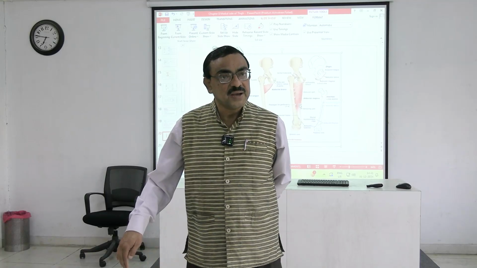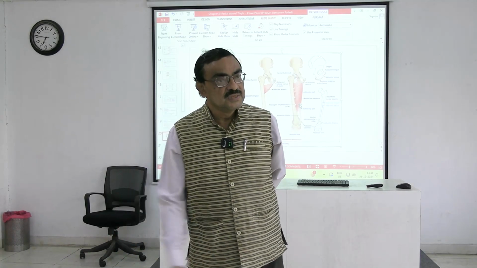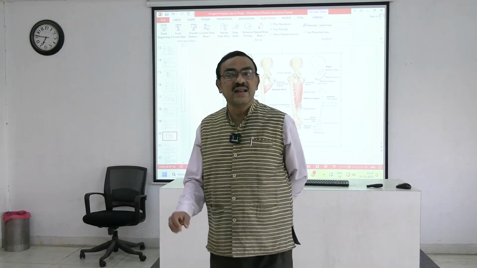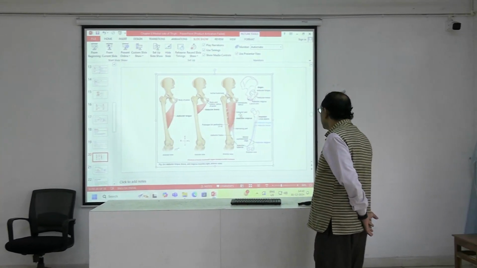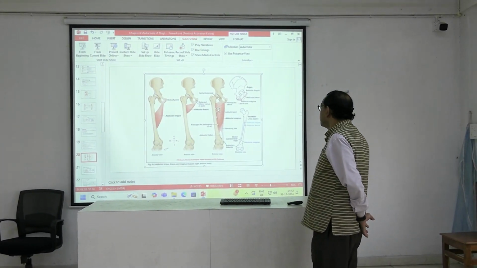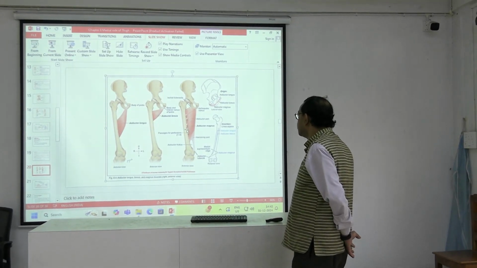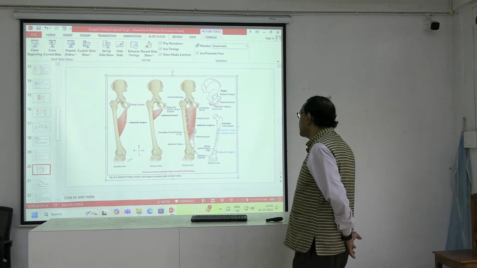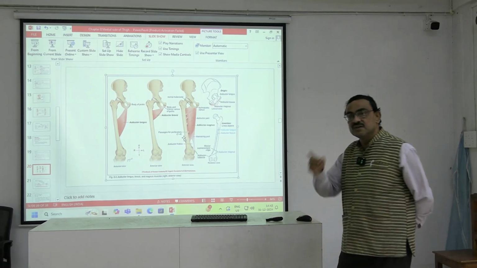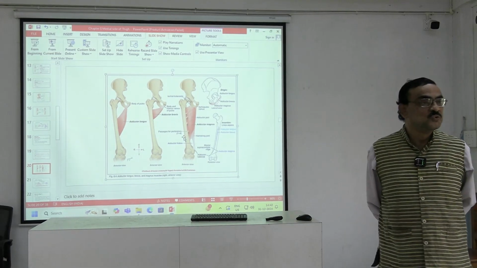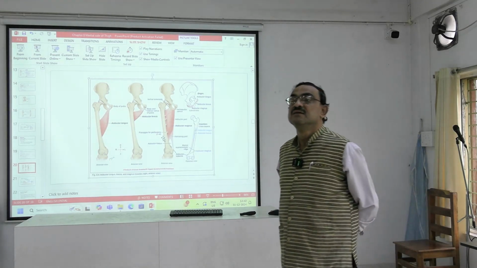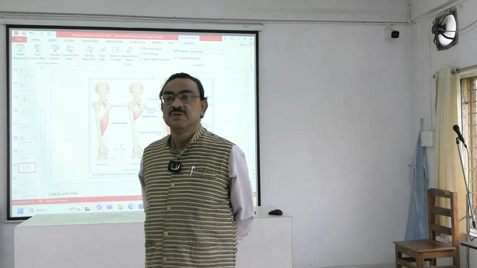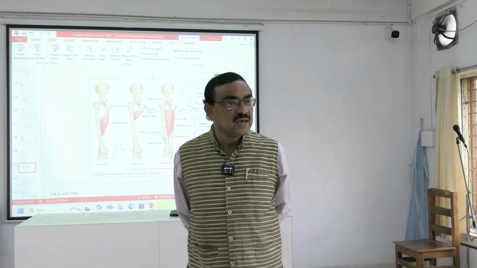So, it is the arteria profunda femoris. It passes deep to the adductor longus and ultimately gives 3 perforating branches. First branch, second branch, third branch pass through these openings, and the 4th one is for the continuation of the artery itself. Through the 4th opening, the arteria profunda femoris actually passes.